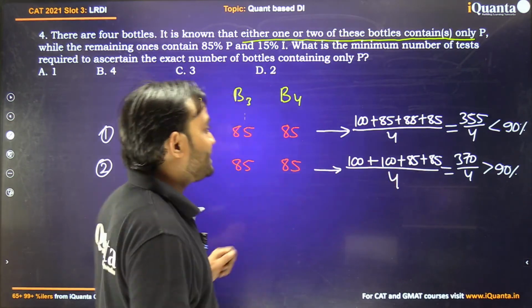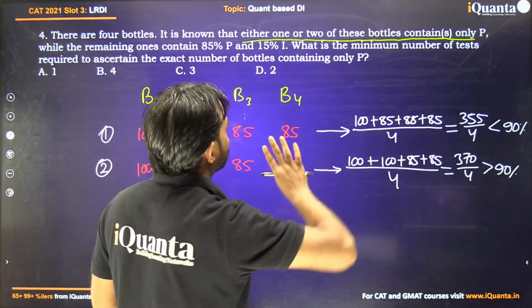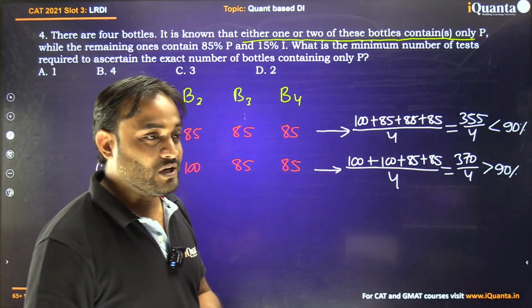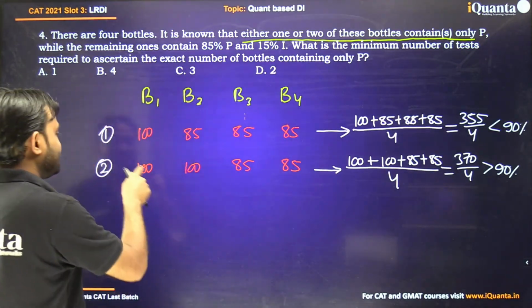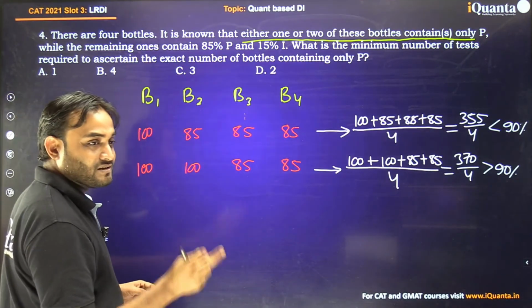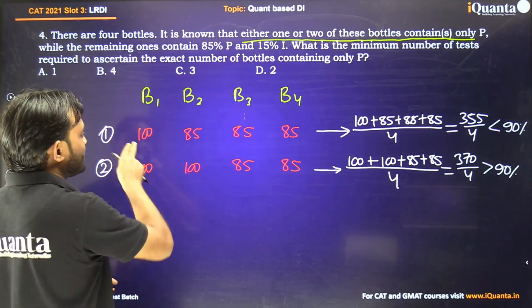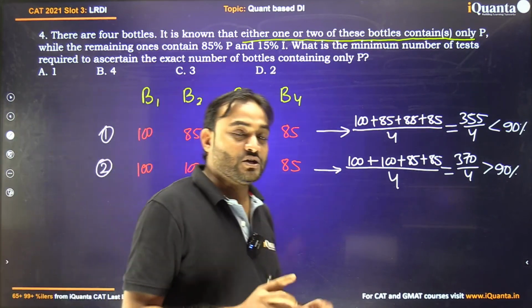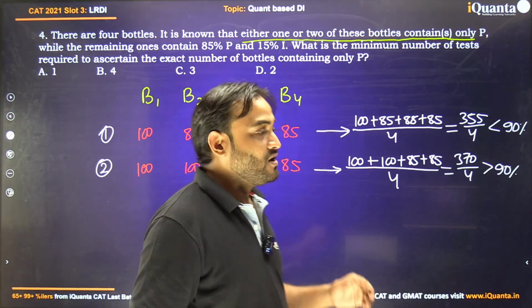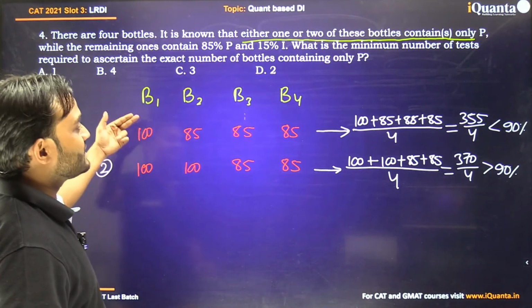But we know that it's given in the question that either one or two bottles contain only P. So we will be certain that this is the case where 2 bottles contain P, and in the first case 1 bottle contains P. So in only one test we can say which of these cases it is.